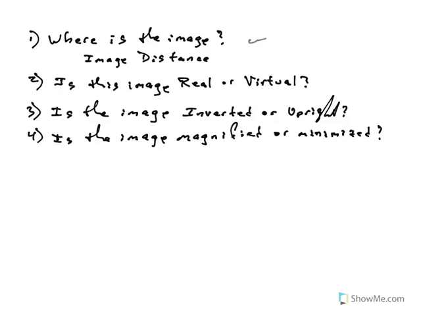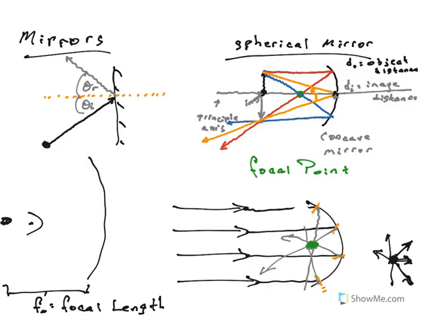Second question, is this image real or virtual? It turns out, as we will see with some examples, the image can be formed either like this one on the left side of the mirror, but also the image can be formed on the right side of the mirror.